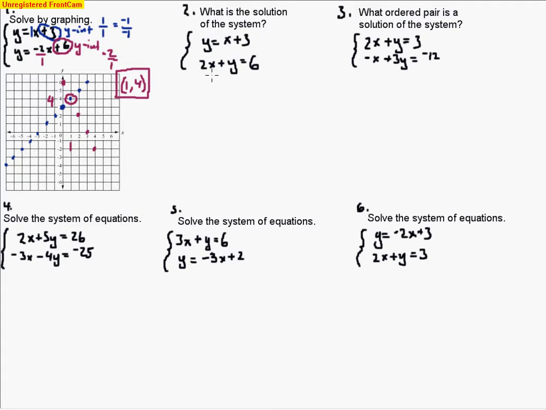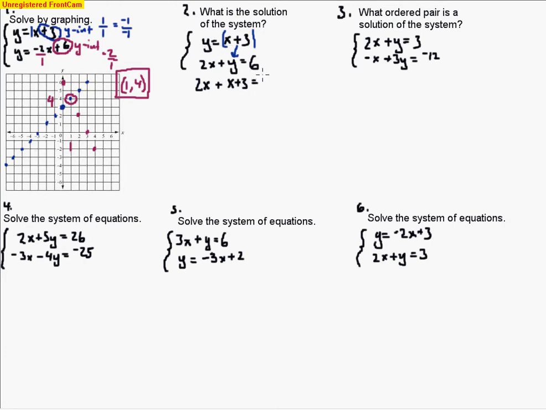This is a great substitution problem. It just says to solve the system, so there's no specific method to use, but substitution works well. And so I'm going to take this expression that y is x plus 3 and put it in place of y. And let's rewrite the equation that we have. So now it's going to be 2x plus y, but in place of y, we put the expression x plus 3, because that's what y equals.